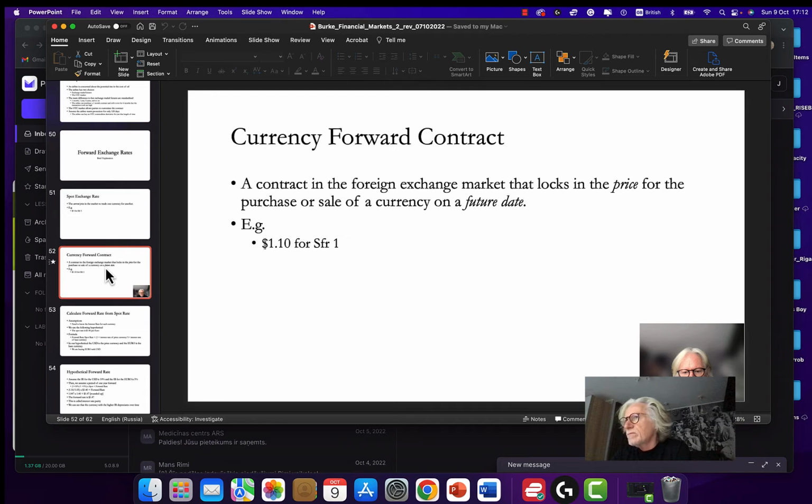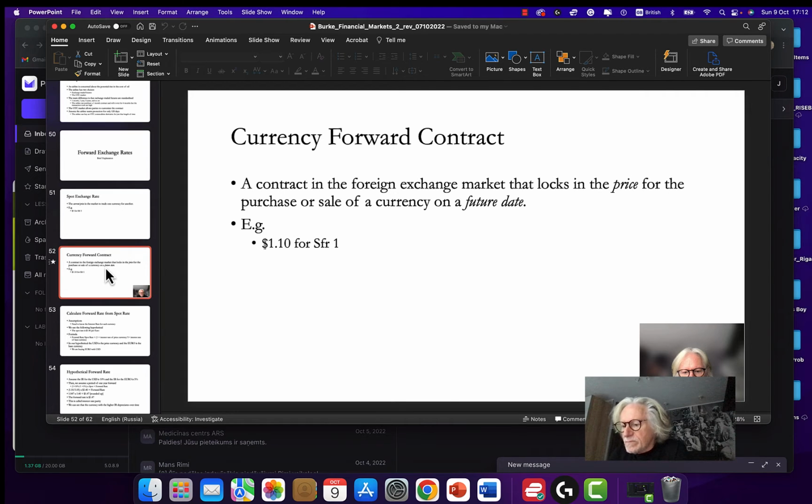Well, I'll get to that in a minute. But why would we even think about forward rates? Because parties, in order to hedge risk, and we'll talk about this in a little bit of detail in a minute, want to lock in the future price of one currency against another.